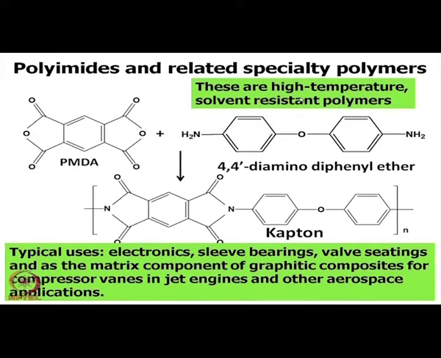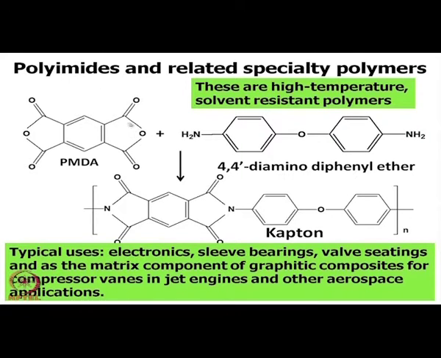Now, one polyimide can be made from a compound known as pyromellitic dianhydride. When a water molecule is removed from the 2 carboxyl groups, we get an anhydride. On hydrolysis of anhydride, we get diacids.